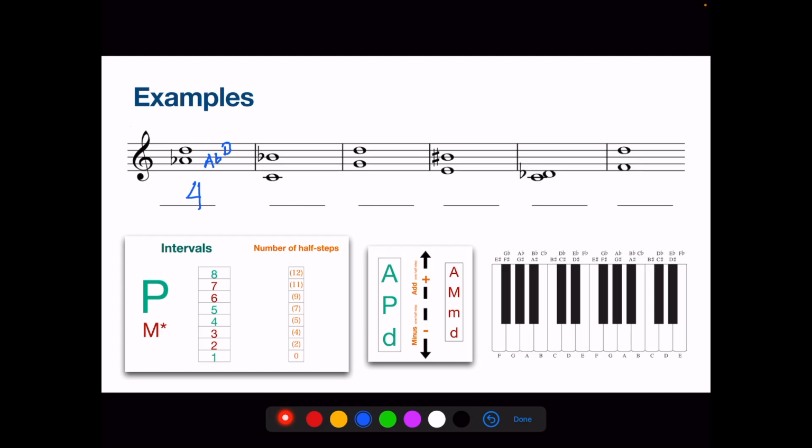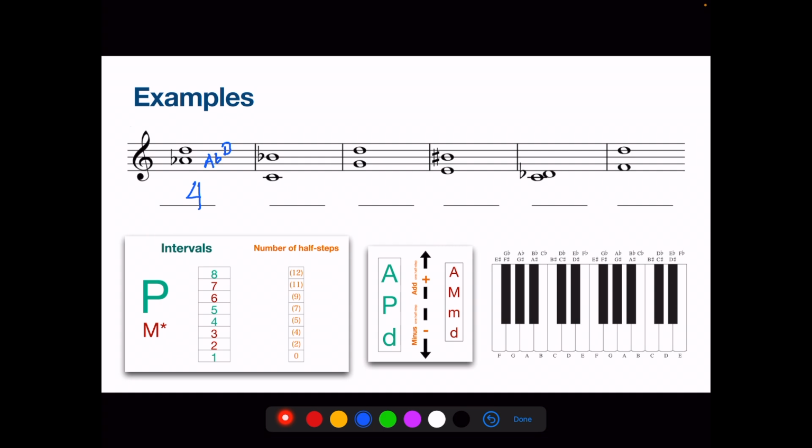Start with the letters. You don't have to care whether it's a flat or sharp, what kind of accidentals they have. You don't have to care at all. But make sure you count your letters correctly. A, B, C, D, 1, 2, 3, 4. That's one part of your answer already done. So if you get this right, maybe I will give you half credit. But this is really, really easy.